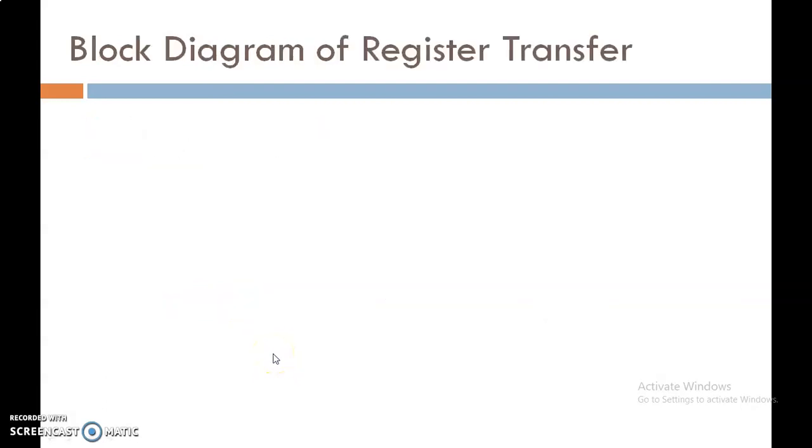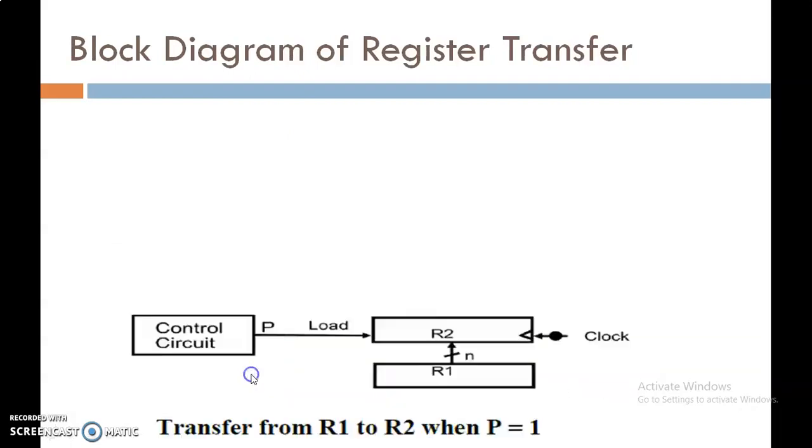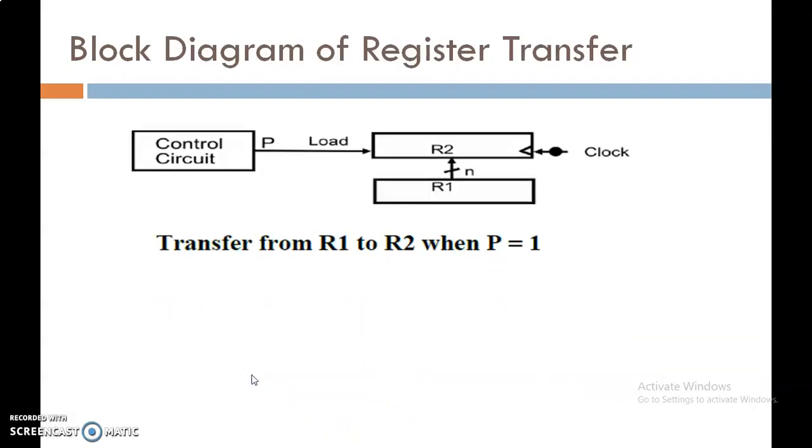Now next is block diagram of register transfer. Here this block diagram contains a control circuit, R1 register and R2 register. This diagram shows the transfer from n bits of R1 to n bits of R2 when the value of variable P equals 1.